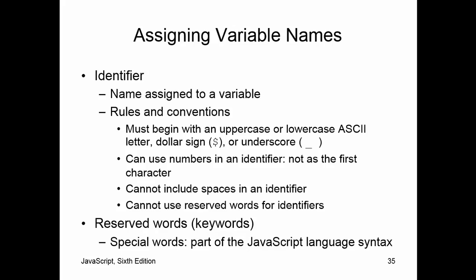When you do that, these variables are known as identifiers. So anything you create, if it's a variable name, if it's a program name, if it's a function name, if it's a method name, etc., those are all referred to as identifiers. And they have to follow a certain protocol. The identifier is the name you give to the variable, and it must begin with either an upper or lowercase letter or a $ sign or an underscore.